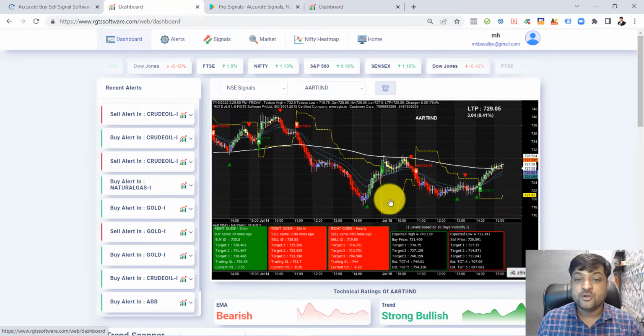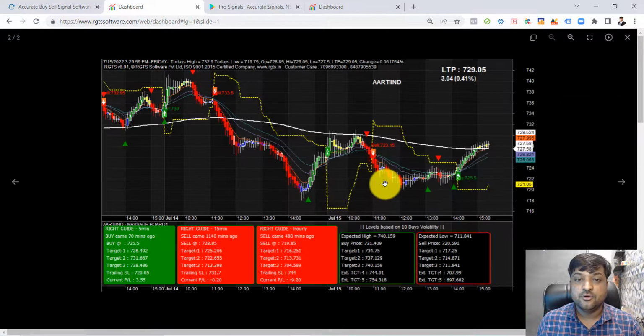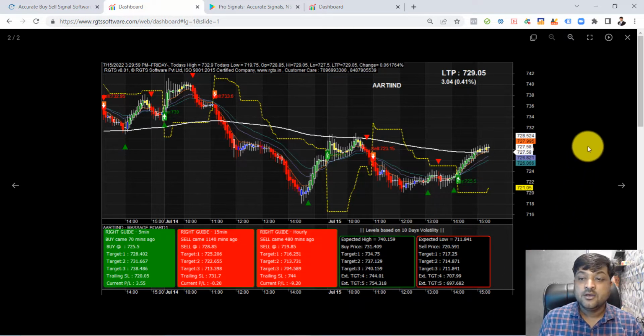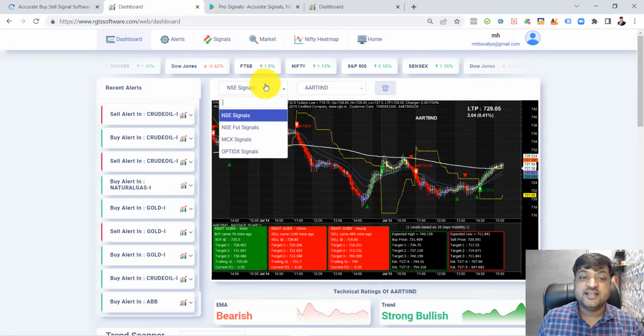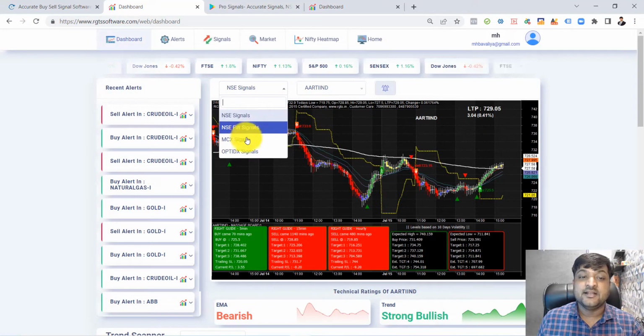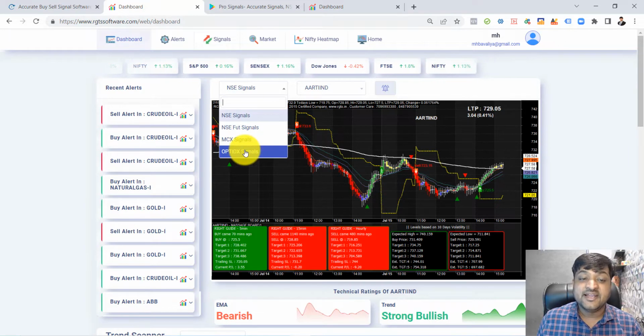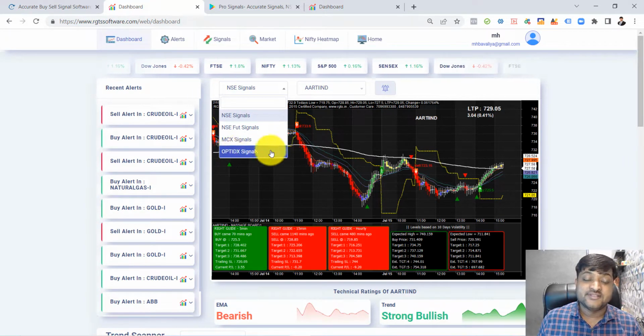Okay. So I'm going to zoom this chart. This is the chart you get in your mobile phone as well as on the website. So you are able to select the chart for NSE signals, meaning NSE cash, NSE future, as well as MCX signals and option index signals. On the website, option index signals are given separately.